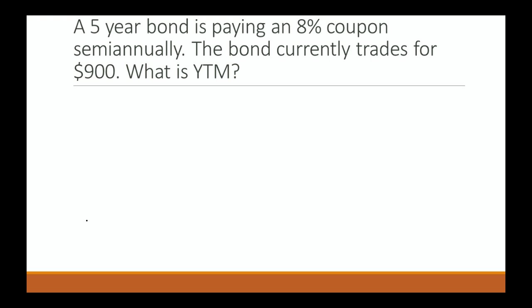Okay, so now let's calculate yield to maturity for this semi-annual bond. We have a 5-year bond. It is paying 8% coupon semi-annually. The bond currently trades for 900. So what is the yield to maturity?